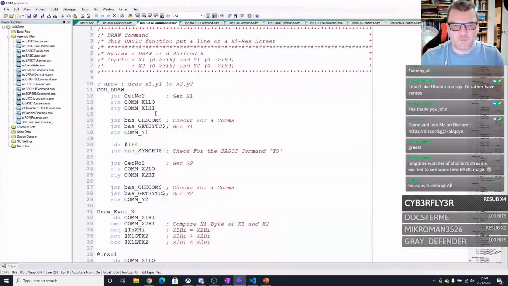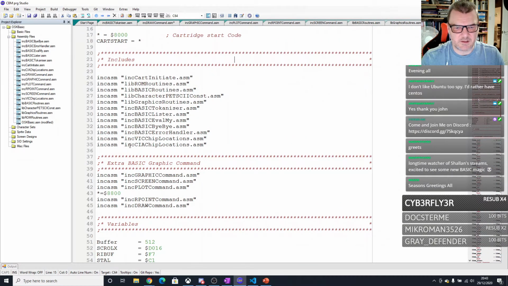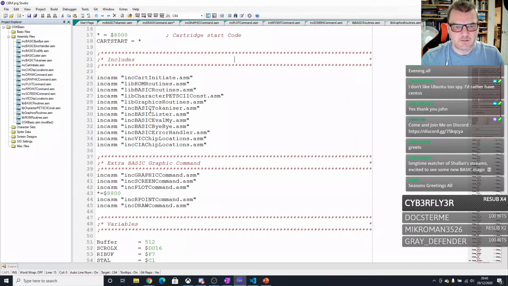So first things first, have we got a utilities function? Have we got a utilities function? No, we haven't. Right. Let's see where we can fit this in.